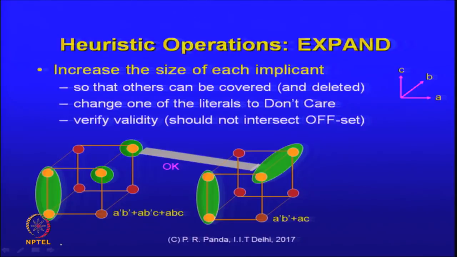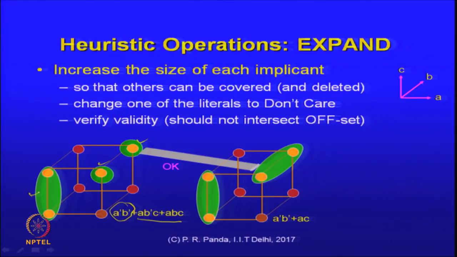And these implicants occupy some sizes depending on the number of literals that is there in each of the implicants. So, if you have an implicant like that, then it occupies one vertex, this one occupies one corresponding to these two, and that implicant occupies two vertices, right. Each of them corresponds to some region in that cube.